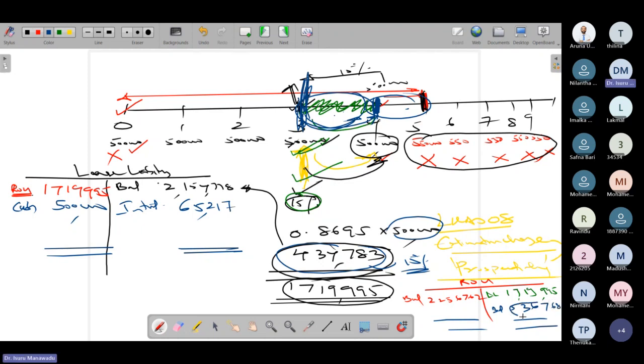So this is the carrying value at the end of year 3.